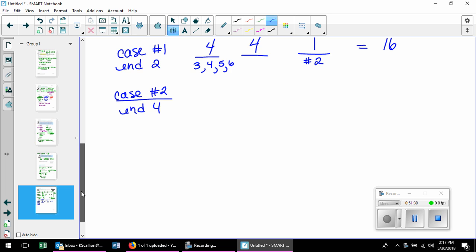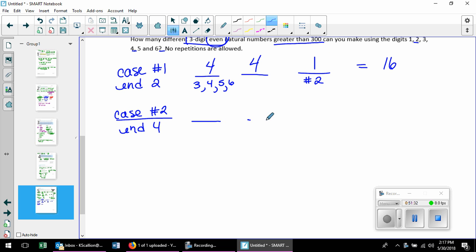So case number 2, what am I going to end in? 4. So number 4 here. I've only got one number 4. And so when I go to the front now, what comes off this list? 4. So now I can have a 3, a 5, or a 6, because you already used 4 back here.